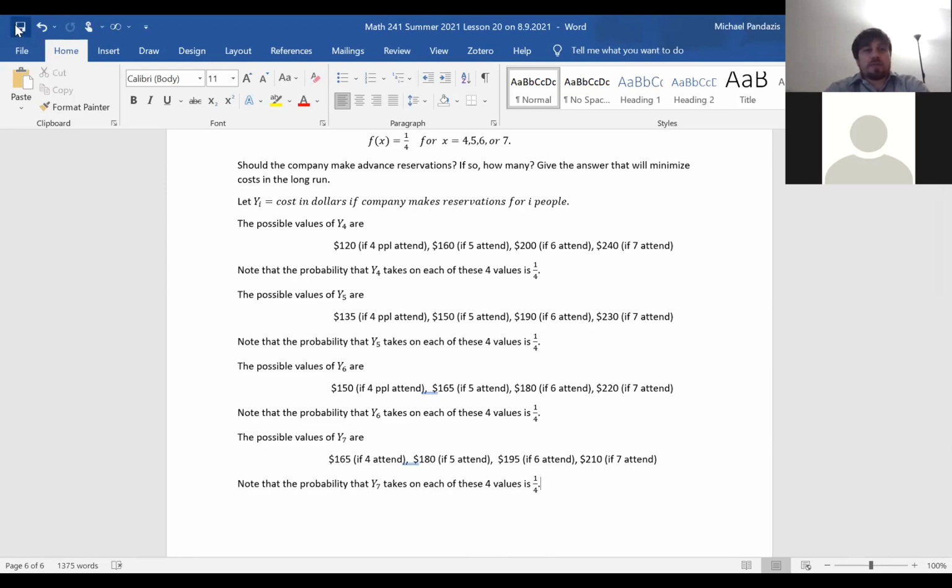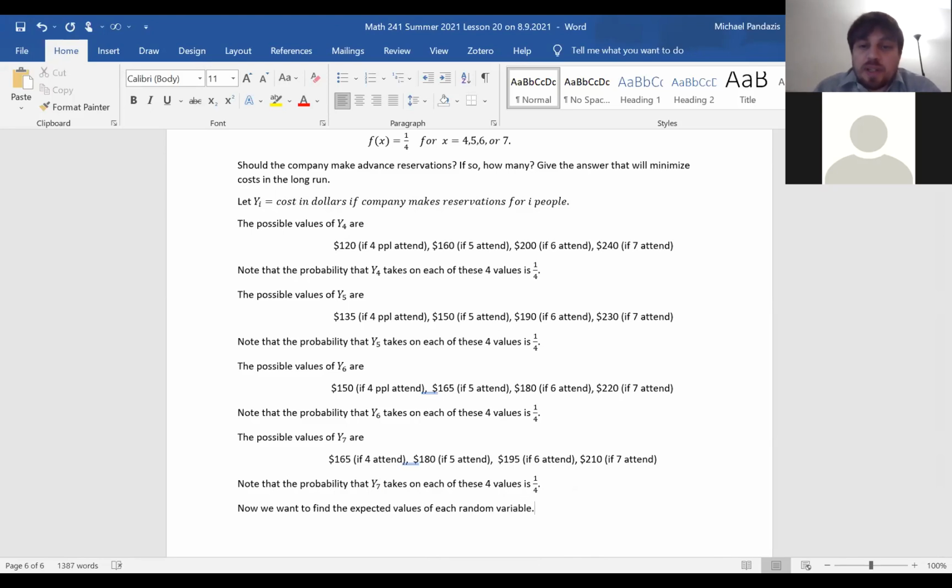Okay, so we now have the probabilities for all possible values of all 4 random variables, y4, y5, y6, and y7. And so now we want to find the expected values of each random variable.